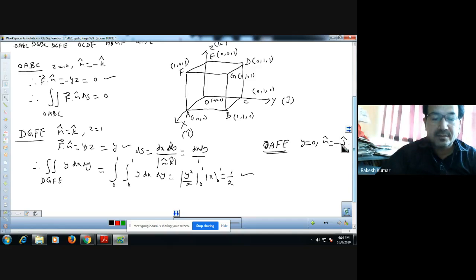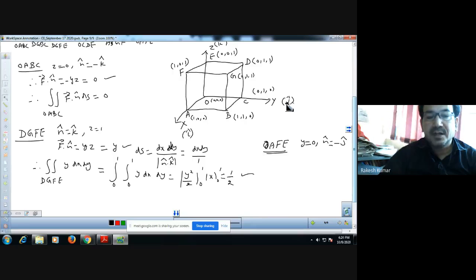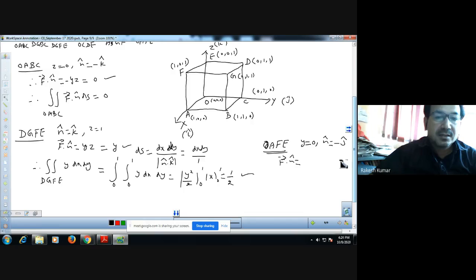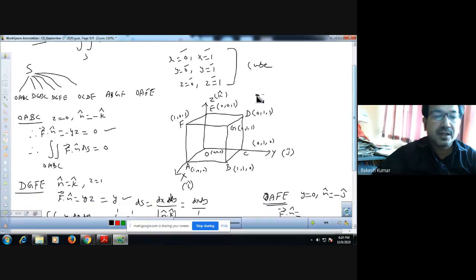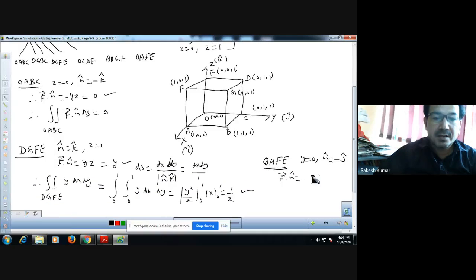That will be negative of j, because opposite to that we have y-axis, and along y-axis we have j cap, and opposite to this side, along this side, we should have negative of j cap. So f dot n cap, we will take the dot product with the j cap, and it is minus of y square into j cap, and minus sign is already there.